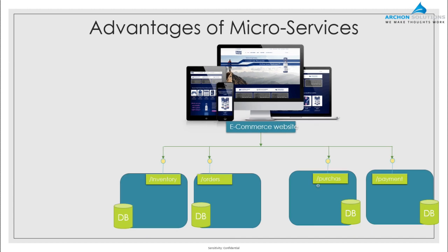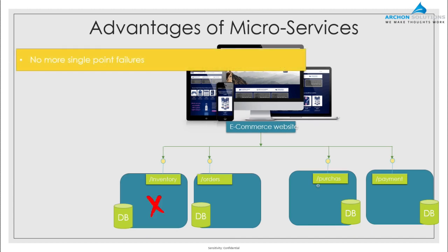In such a setup, if suppose the inventory module goes down, for some reason the server crashed, technical glitch, DB is not connecting, whatever. But still, the customers can continue to place their orders and they can continue to make payments for their orders. The business is still going on.